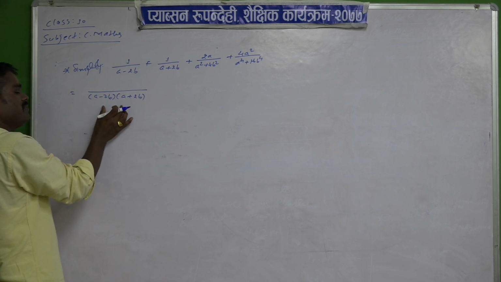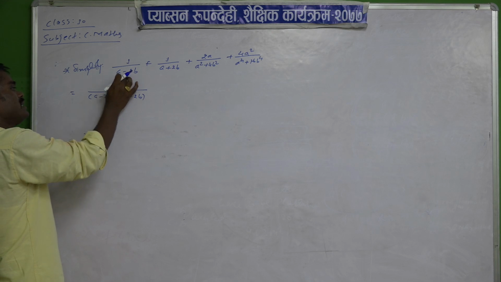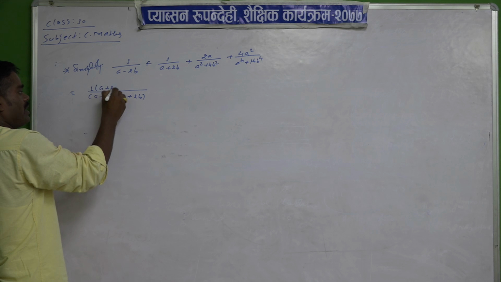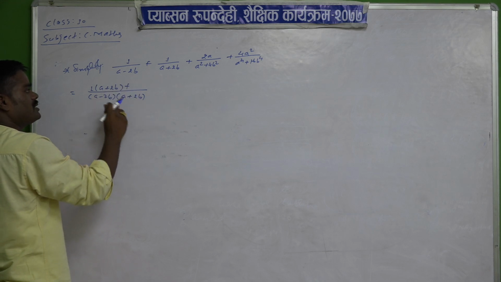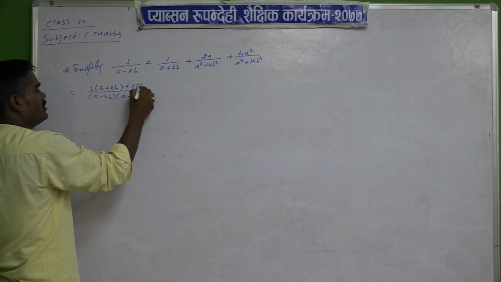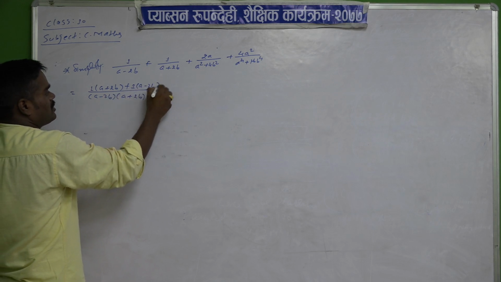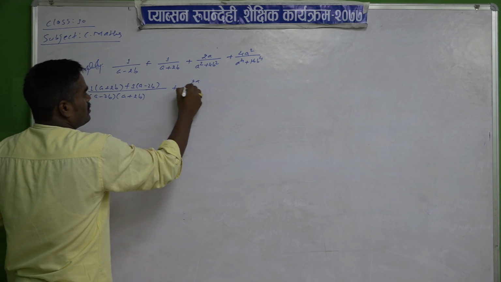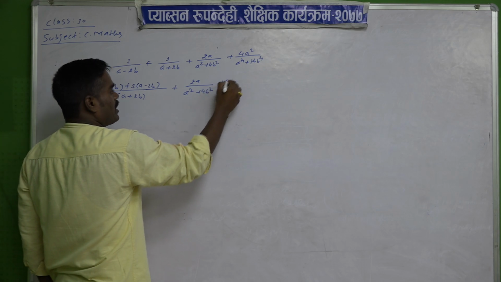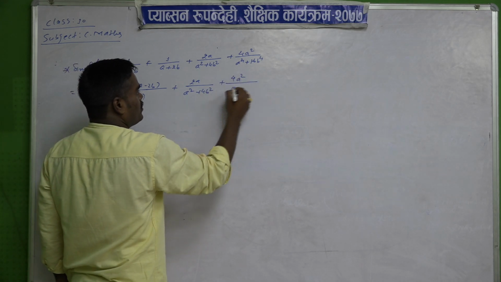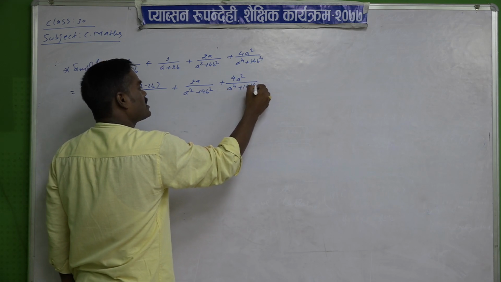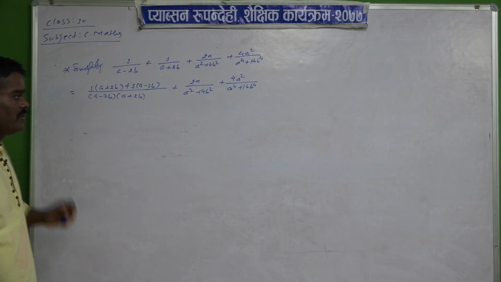So divide the LCM by the denominator, this cancels, what is left? a plus 2b. So 1 into (a plus 2b) plus, this cancels, this one is left. So 1 into (a minus 2b) plus 2a square plus 4b square plus 4a square upon a power 4 plus 16b power 4.